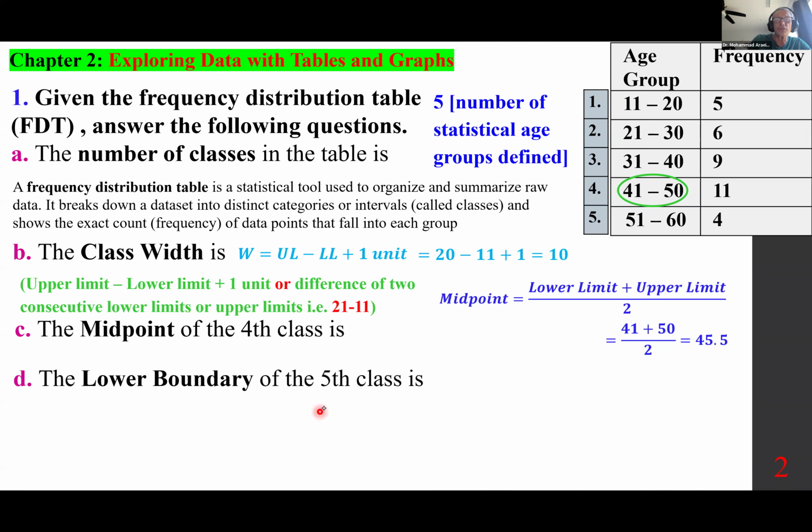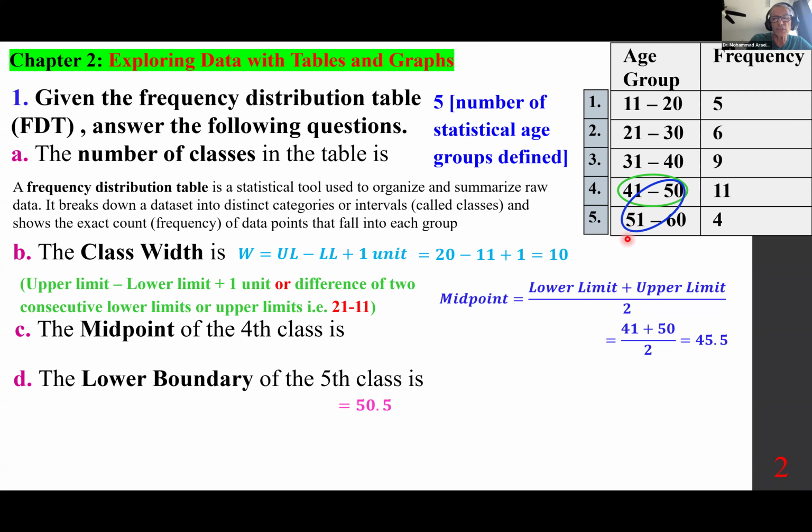The lower boundary of the fifth class. So here's the fifth class. Okay, this is the lower limit. We want the lower boundary. The way the boundaries work is as follows. We go with the upper limit of the previous group and the lower limit of the current one, add them up, divide by 2.